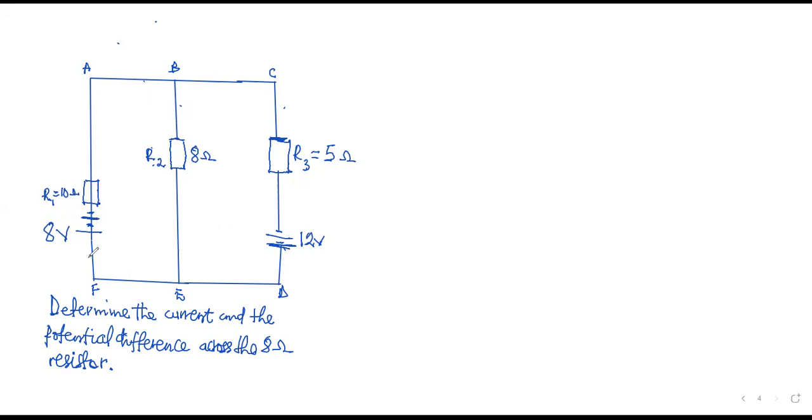I want to follow convention. Let the current produced by this be I1. Let the current by this be I2. And I want to go from a conventional directional flow of current from the positive to the negative.